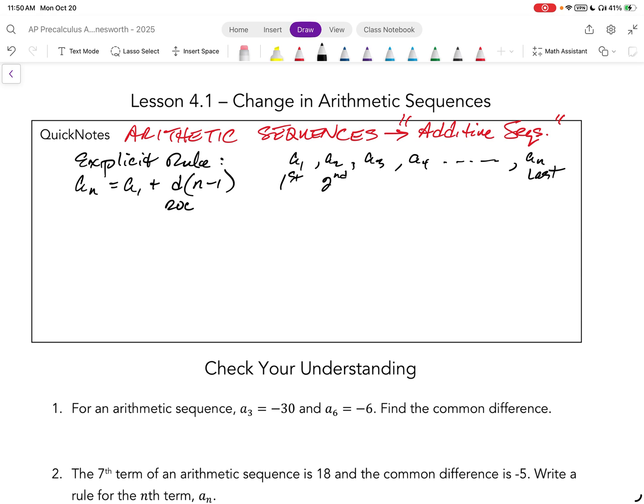If you want to, you can also express it in terms of the zero term. If you simplify this and redo a problem, you could express it in terms of a sub 0, and that would be a sub 0 plus d times n. So I'm going to put a big "or" here. You can use either formula, where a sub n is the nth term or the last term in the sequence. n is the number of terms or the term number.